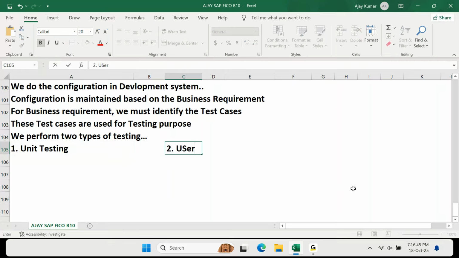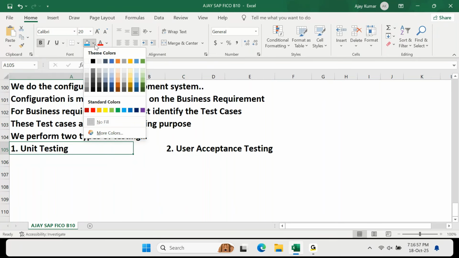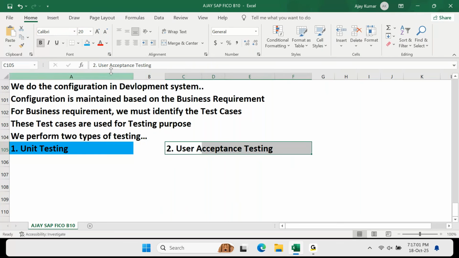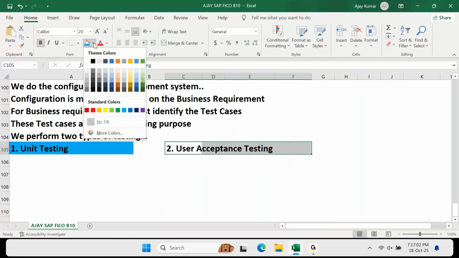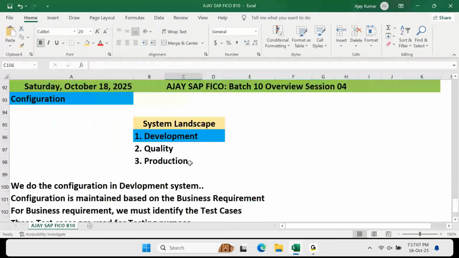The second one is user acceptance testing. Clear? One you will do is unit testing, and the second one is user acceptance testing. Now this user acceptance testing is maintained in the quality system.